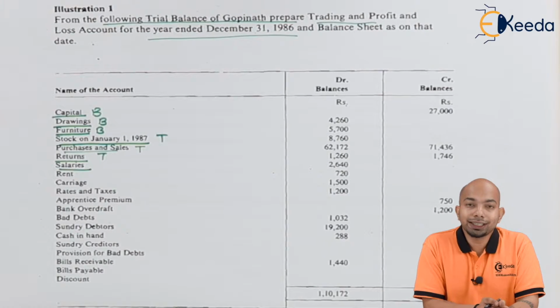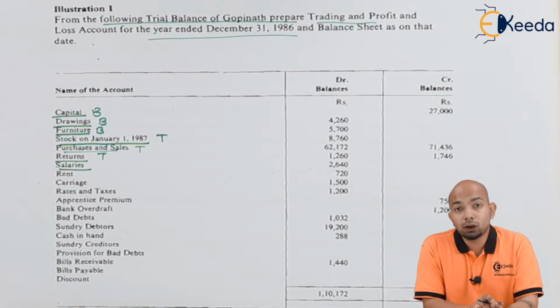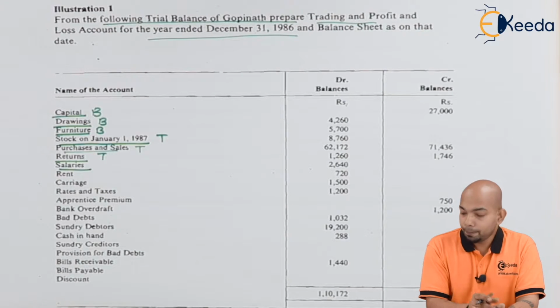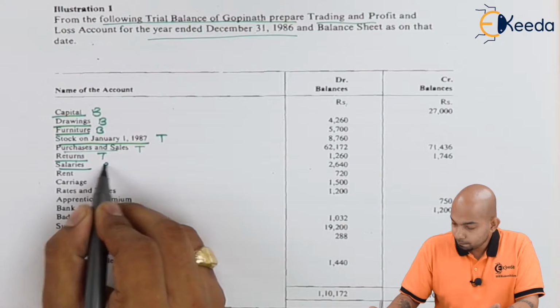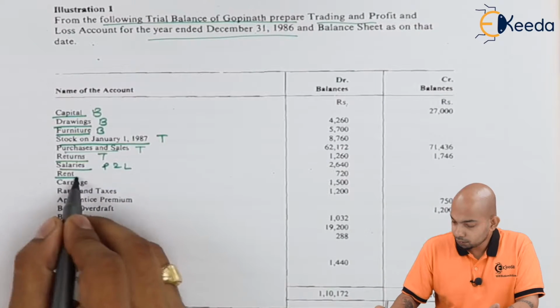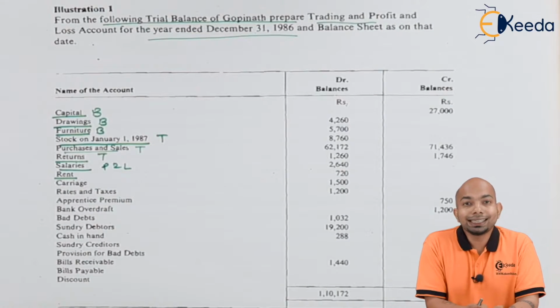Salaries has been mentioned in this illustration, which states that it is a part of profit and loss account, as we always take salary as a part of profit and loss account statement, whereas wages being a part of trading account statement. Rent is again a part of profit and loss account.